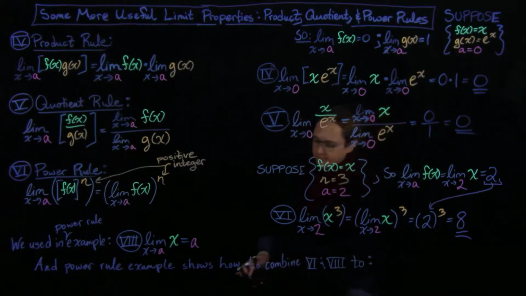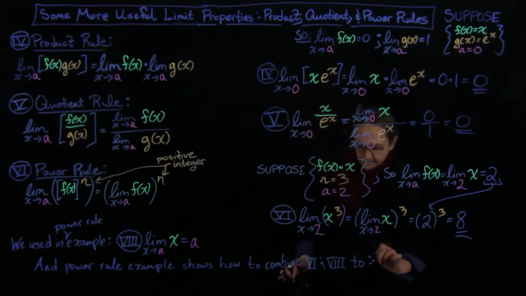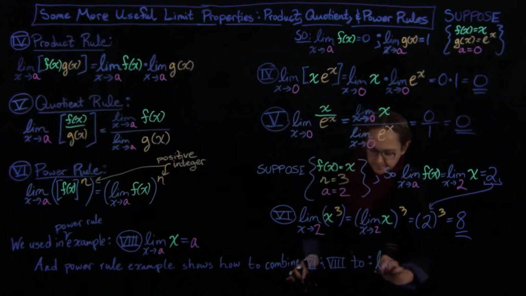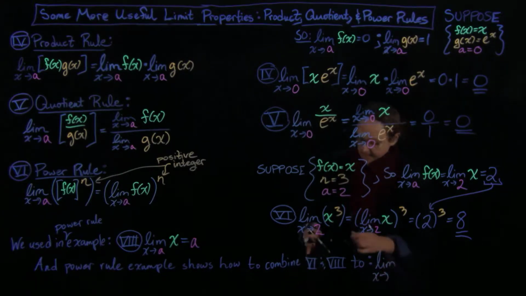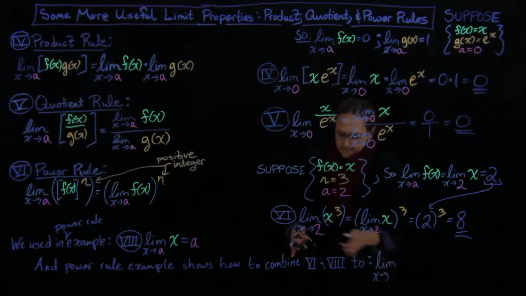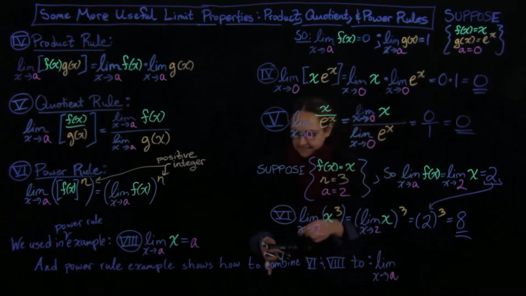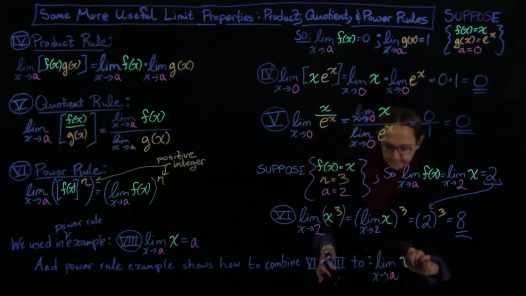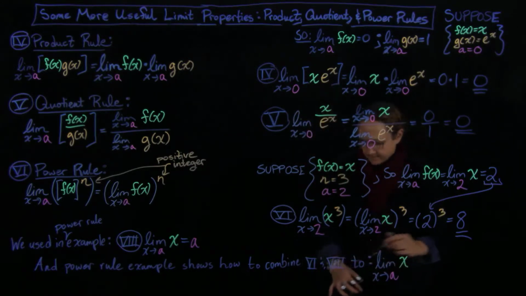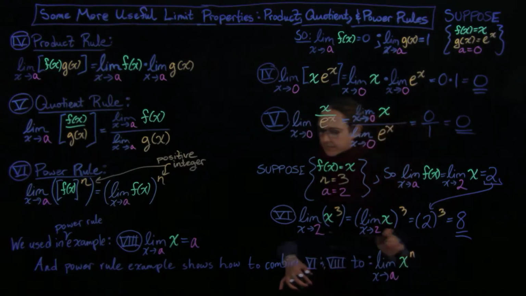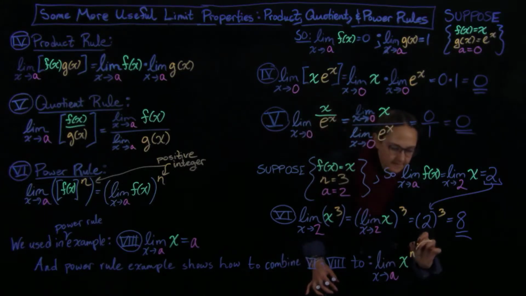It's going to be the limit as x approaches a of x to the n, where this has to be a positive integer.